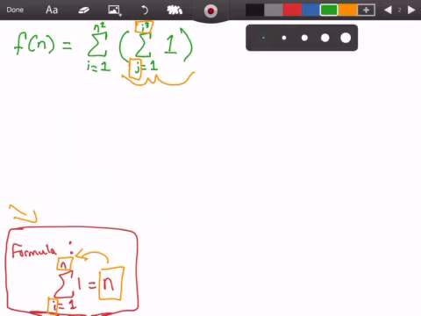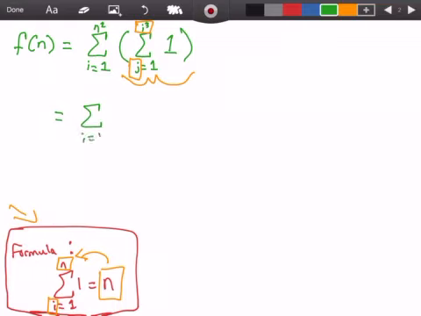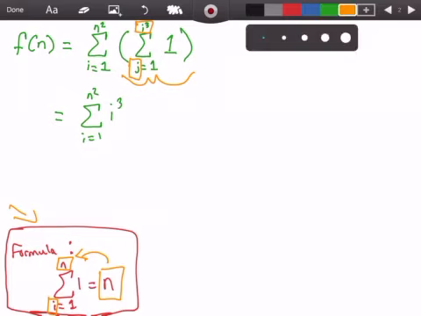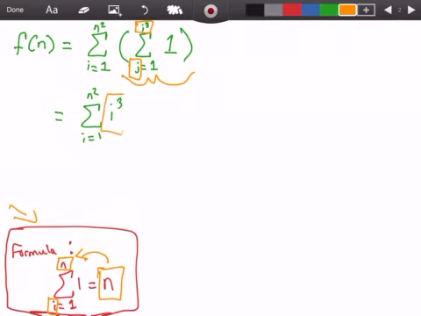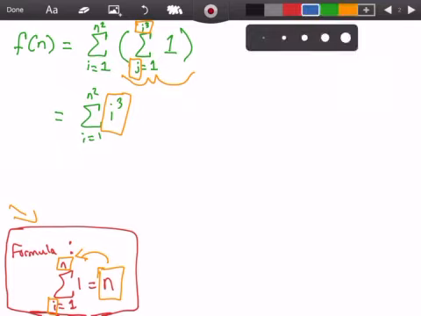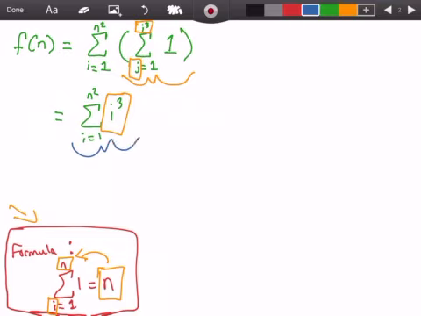Now let's rewrite our function. We still have the summation from i equals 1 to n squared, but now we're going to have i cubed, simply because we're replacing the n value with our i cubed value. Now what does this equal? Let's try to solve this summation using another formula. I'm going to write the formula down here and call it formula number 2.